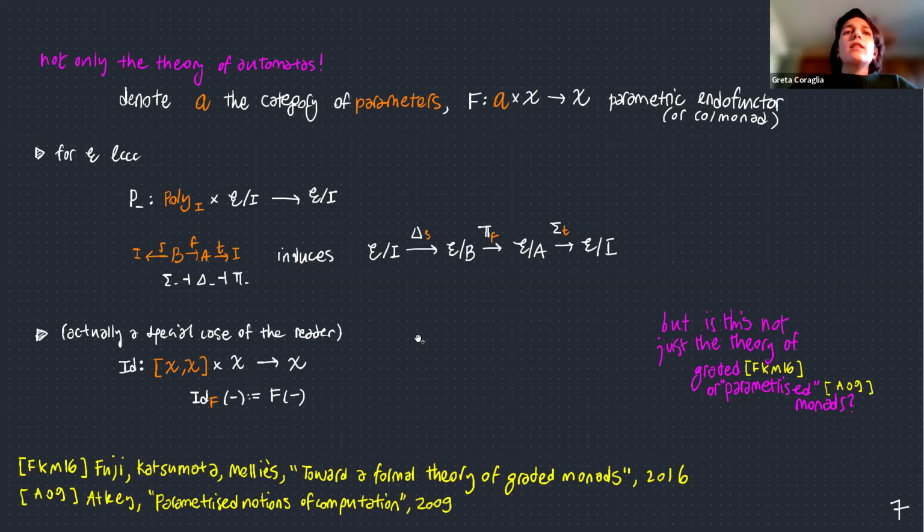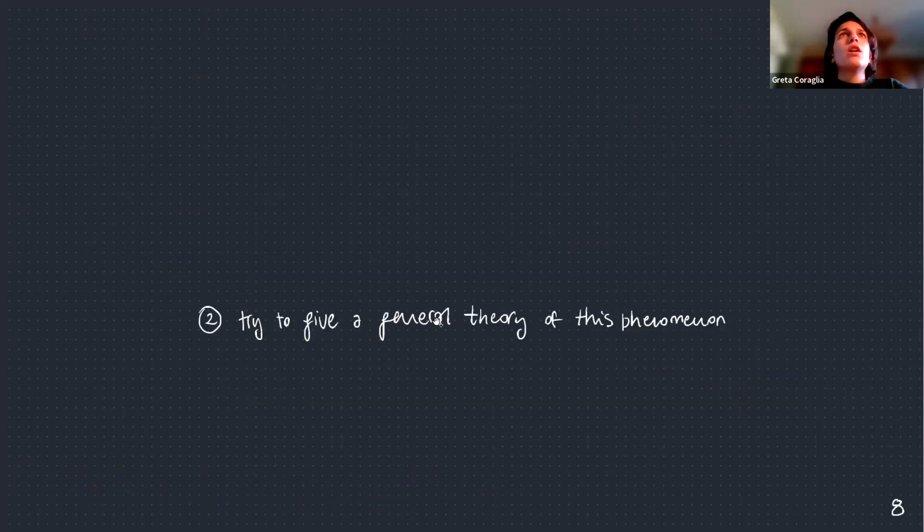And the question this begs is, is this the theory of graded monads all over again? And the answer is yes and no. I hope to explain both the yes and the no in a while, but it's good that you keep those in mind because they're relevant to the discussion.